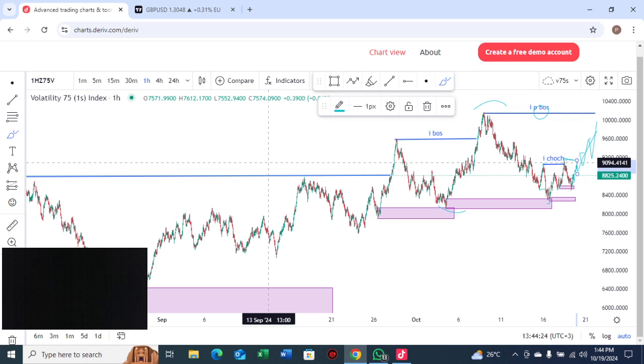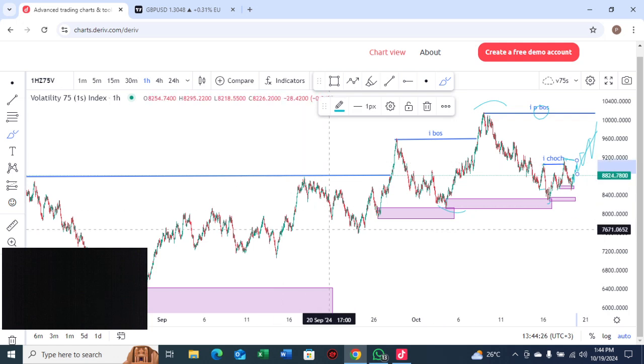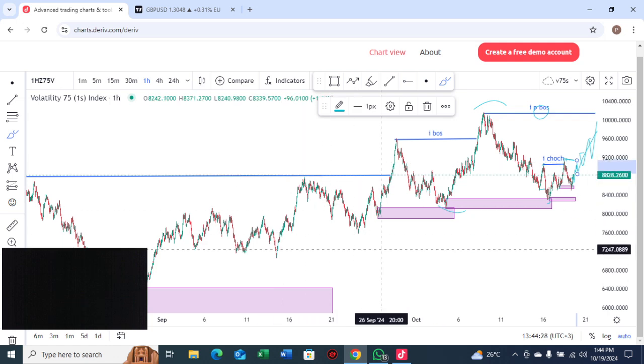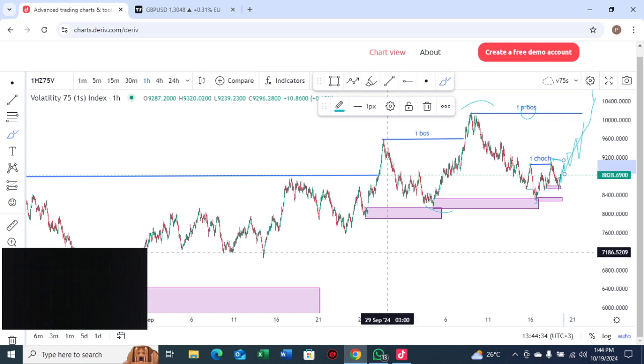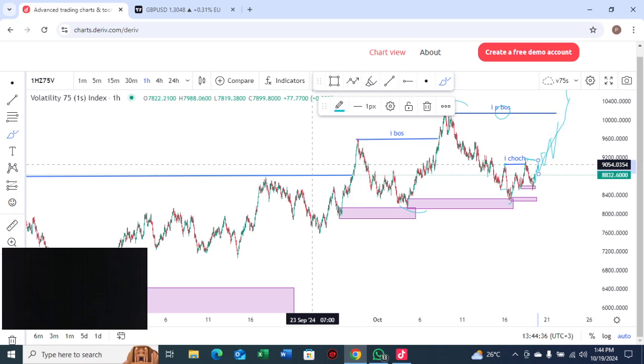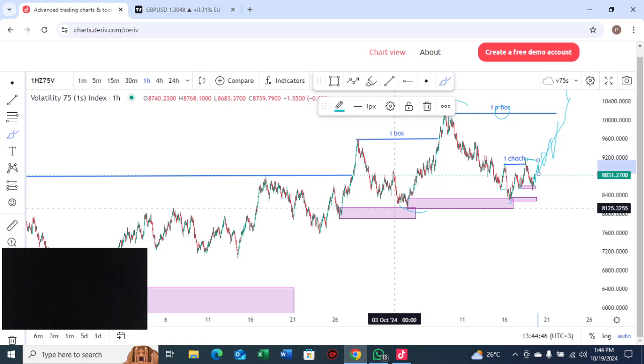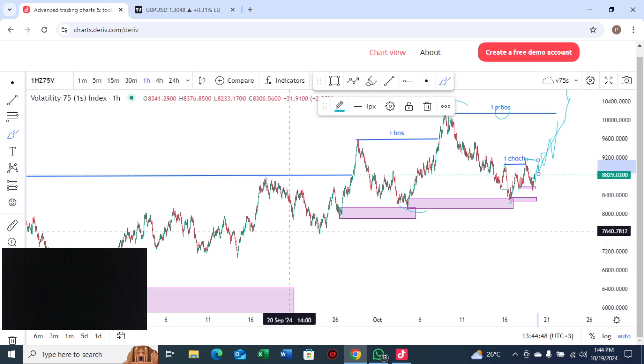So even in this one, you can use market structure or any other concept apart from SMC, and you will get results, because the chart always tries to imitate the forex industry.